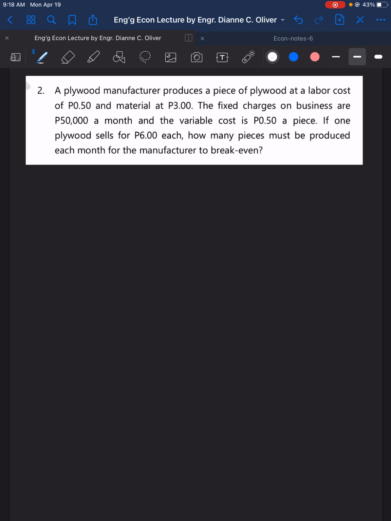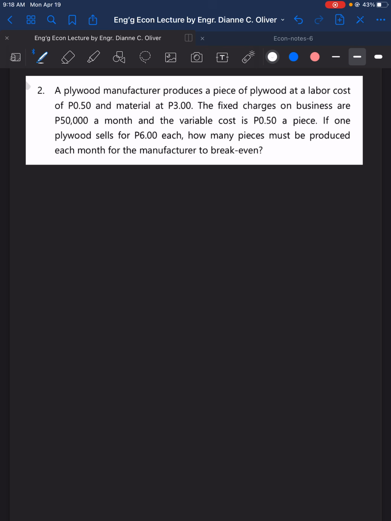If one plywood sells for 6 pesos each, how many pieces must be produced each month for the manufacturer to break even? So it is asking for the value of N, or the break-even quantity.